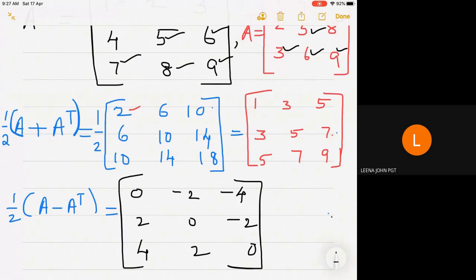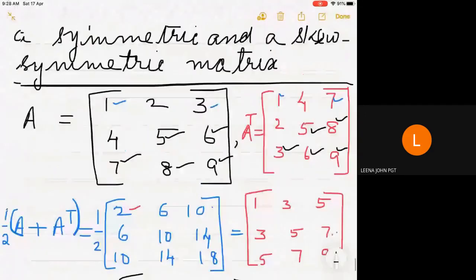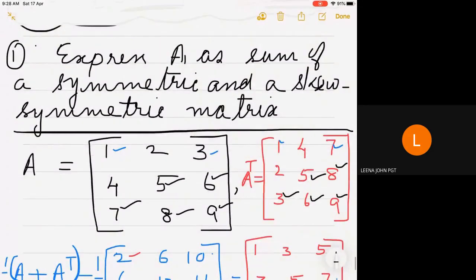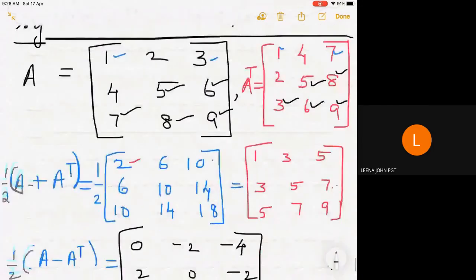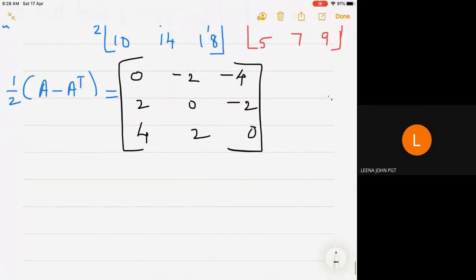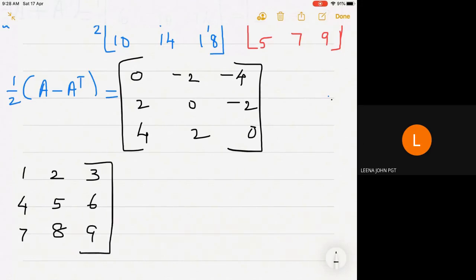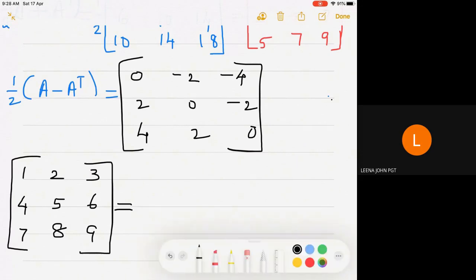So these are the two matrices. The first one is symmetric, the second one is skew symmetric. Now, as per the question, express A as the sum of a symmetric and a skew symmetric matrix. So this A, which is 1, 2, 3, 4, 5, 6, 7, 8, 9, is to be expressed as the sum of a symmetric and a skew symmetric matrix.